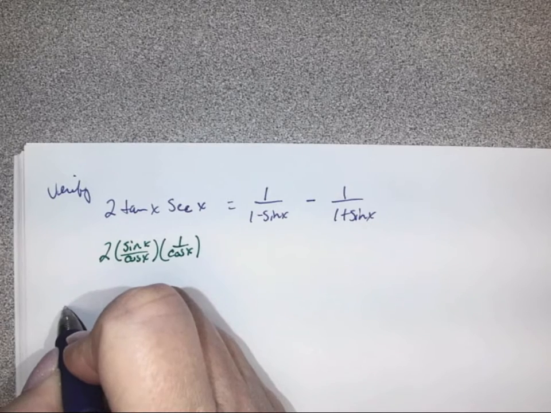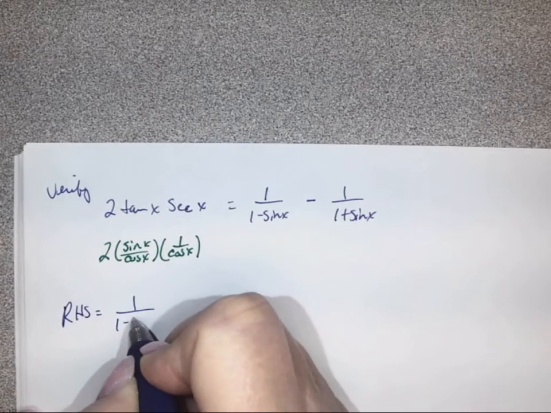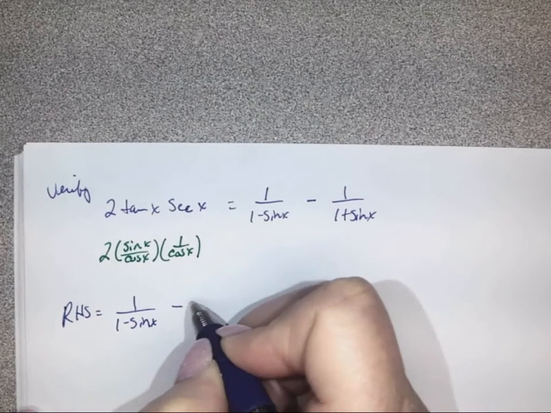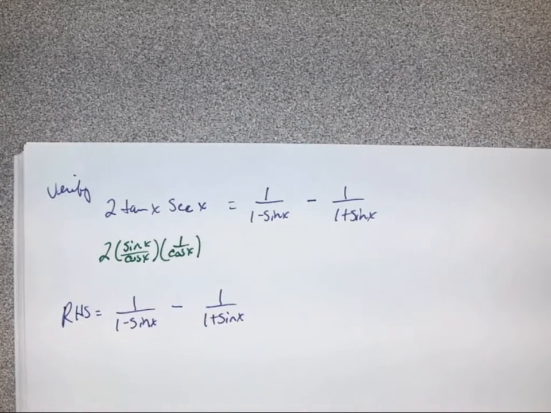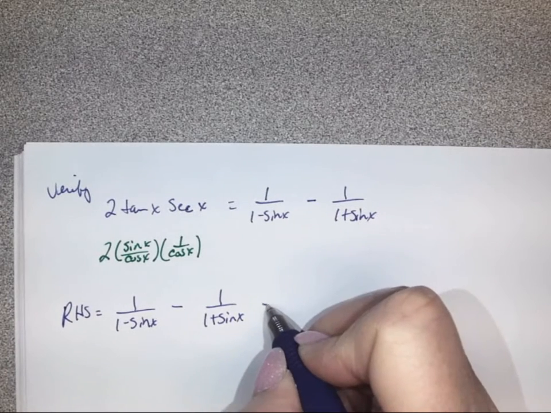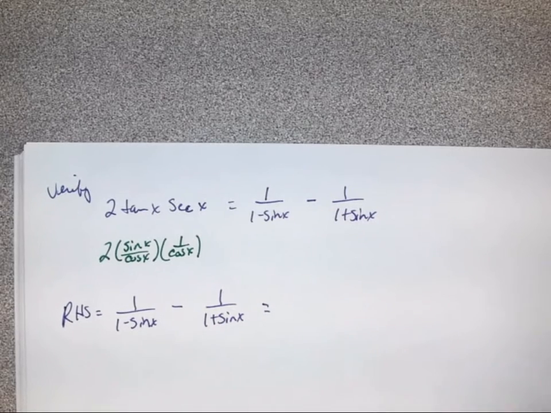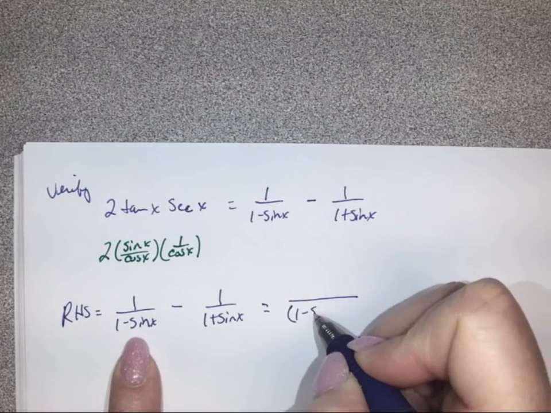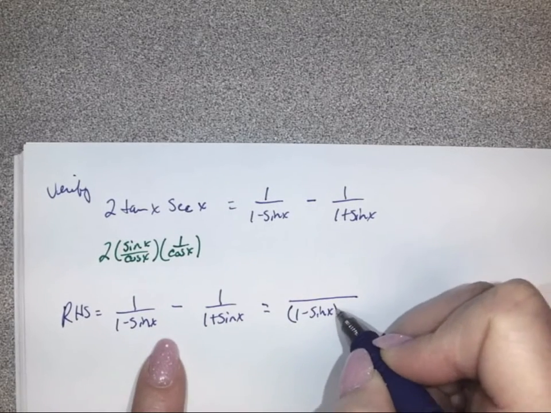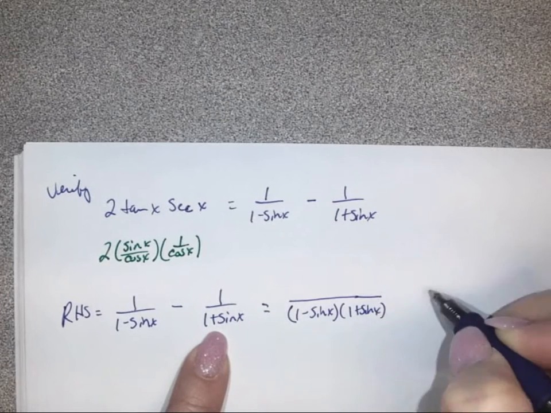Alrighty, so we have the right-hand side is equal to 1 over 1 minus sine x minus 1 over 1 plus sine x. Our common denominator for this, we would end up with getting that times that. So we would have 1 minus sine x times 1 plus sine x.